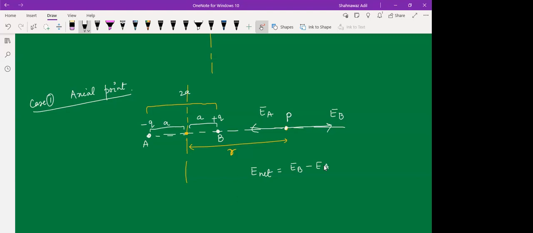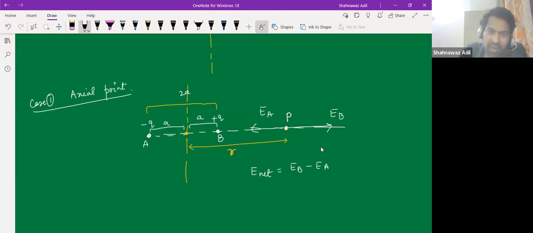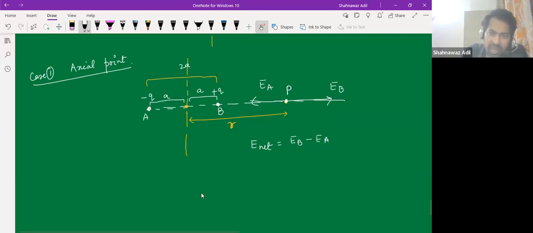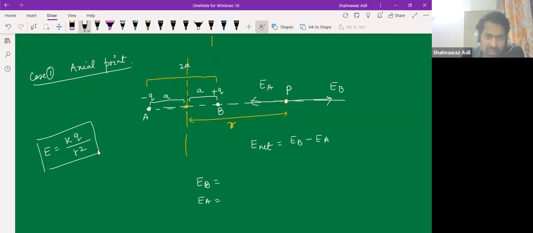Yes, sir. Okay, so now we have to figure out what is the magnitude of EB and what is the magnitude of EA. We know that the electric field due to a point charge is KQ divided by the separation square of the point at which we are calculating.